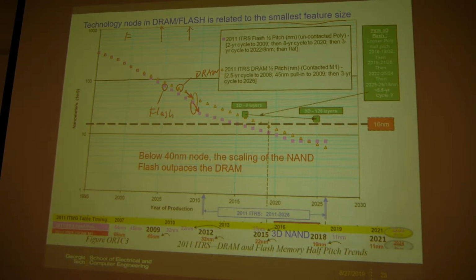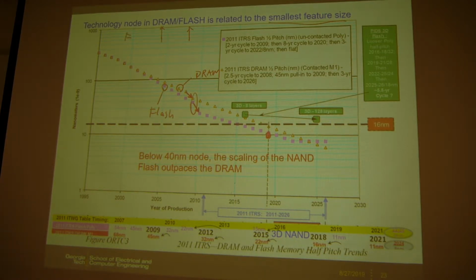I mean, the industry is making smaller than the DRAM, smaller than the logic transistor. If you look at the printed gate length of the flash transistor, it's smaller than the logic. And flash, if it's 2D, today is like 12 or 13 nanometer.